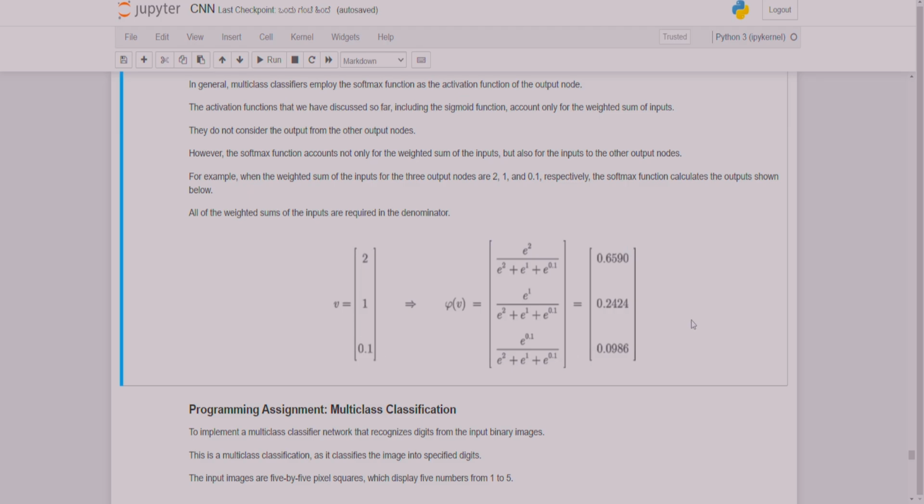This is going to happen whenever we are using the softmax function, because softmax considers the outputs of other nodes, or other neurons, as well, so we can consider this to be a weighted calculation.